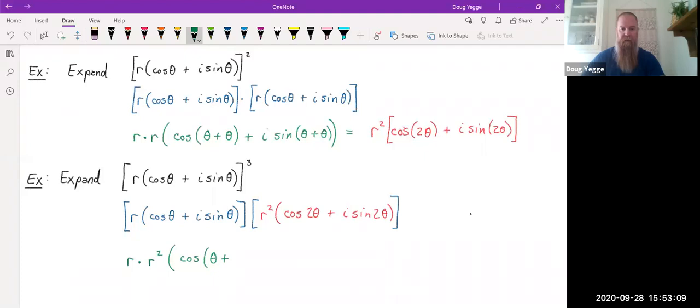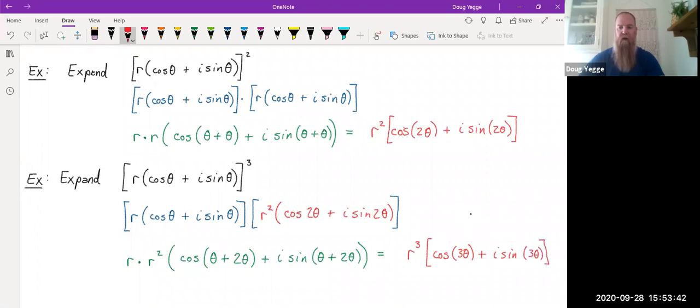But now the sum of the angles is theta plus 2 more thetas, plus I times sine of theta plus 2 theta. So it looks like there's another shorthand notation for raising the powers, because this power of 3 becomes r to the power of 3 times cosine of 3 theta plus I sine of 3 theta.